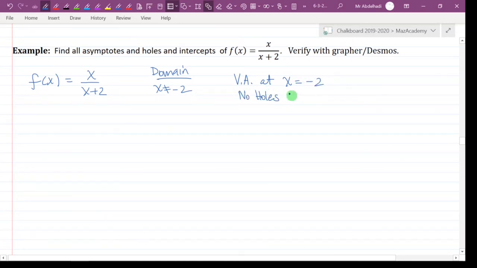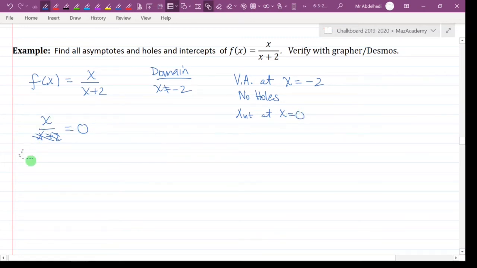What's the X-intercept? The X-intercept is what you get when y is 0. So set your fraction equal to 0. And once again, a fraction is equal to 0 when the numerator equals 0. So don't even worry about the denominator. When is this equal to 0? Well, X-intercept at x equals 0. Okay, there it is right there.